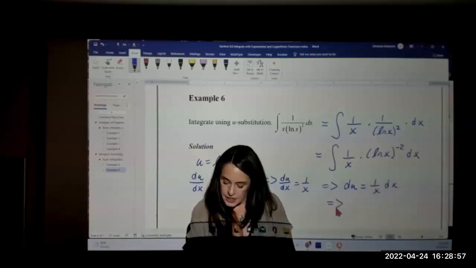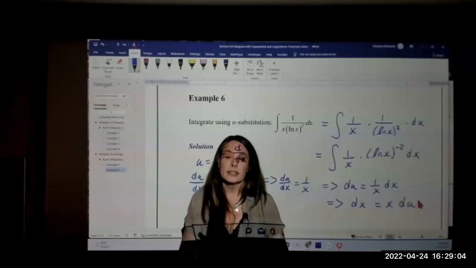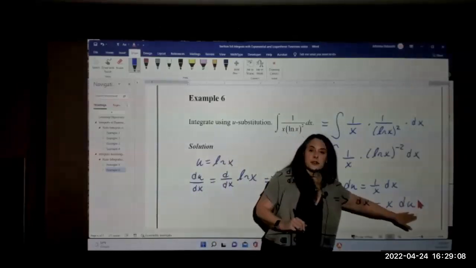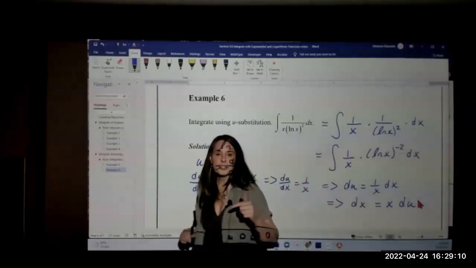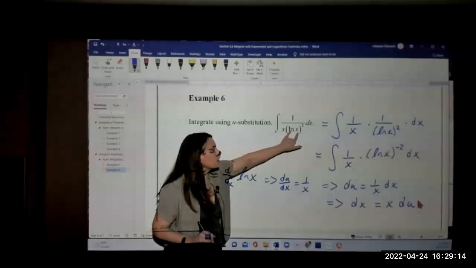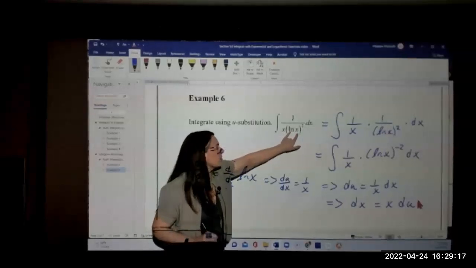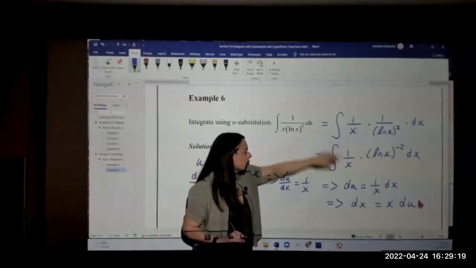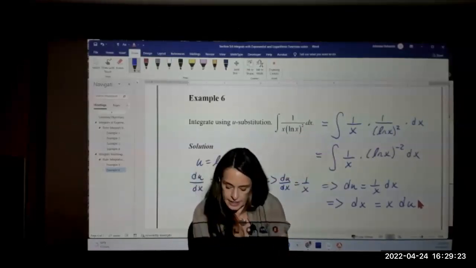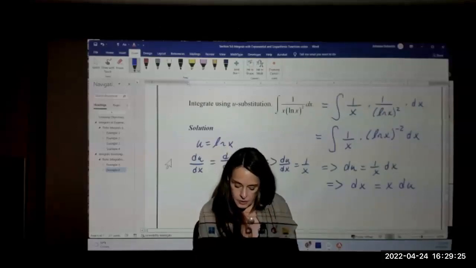Then we solve for dx by pushing the x to the left side by multiplying by it. And we get dx is equal to x du. Now we're going to substitute each piece into the original integrand. We're going to substitute u for natural log of x, and we're going to substitute x du in place of the dx.